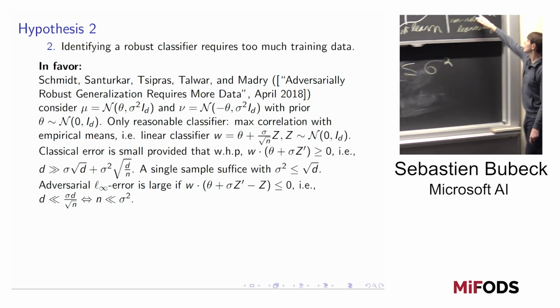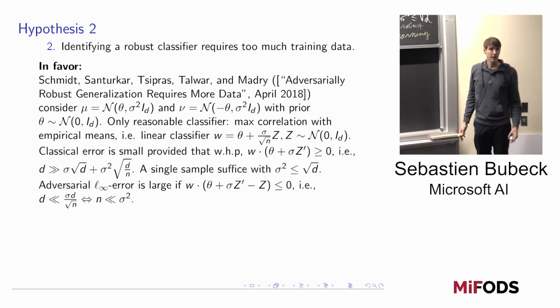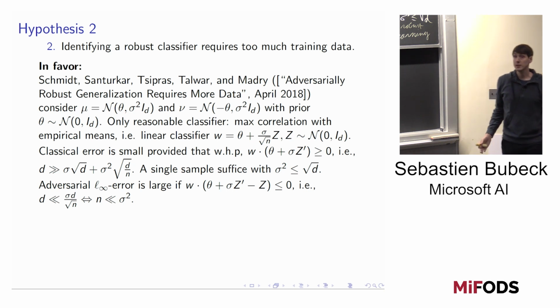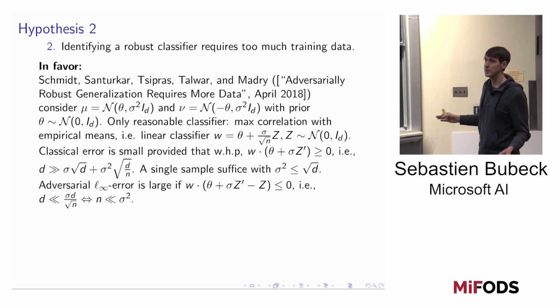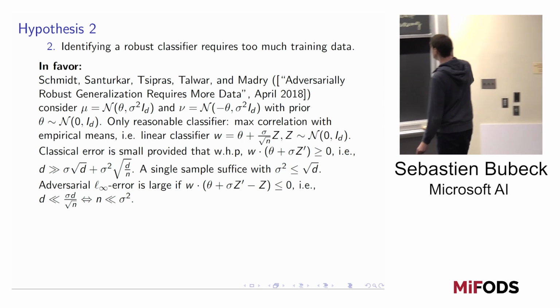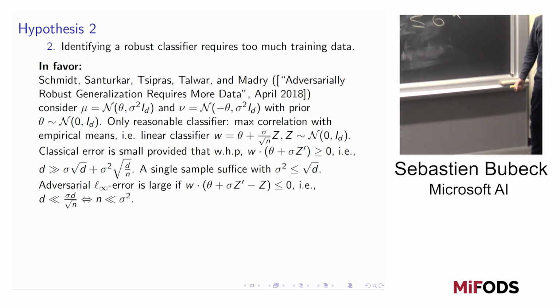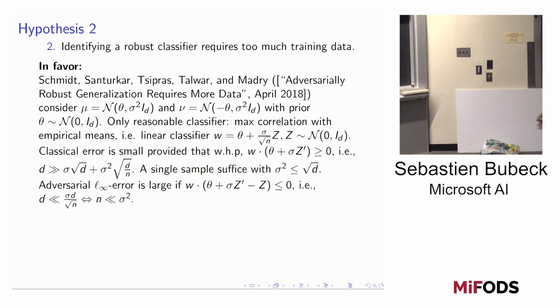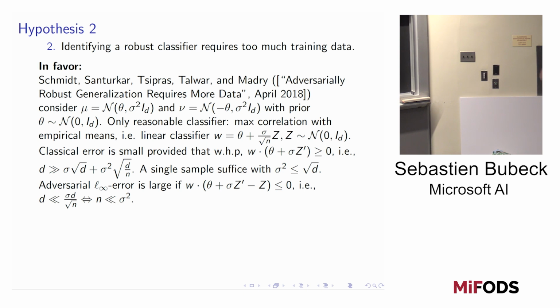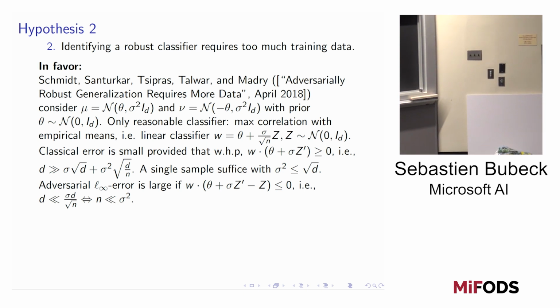So take, for instance, sigma squared equals square root d. At sigma squared equals square root d, a single sample allows me to learn non-robustly. But if I want to learn robustly, I need to see square root d samples. So this is a very easy example, but it shows a polynomial separation. It shows that in some cases, you do need more data to be robust.